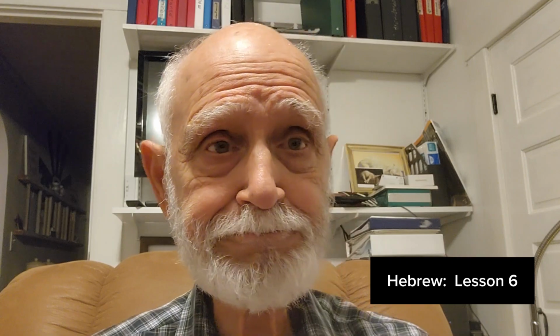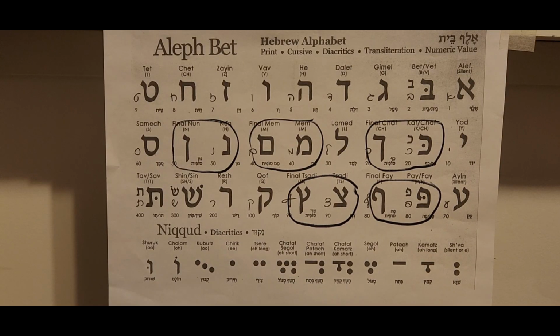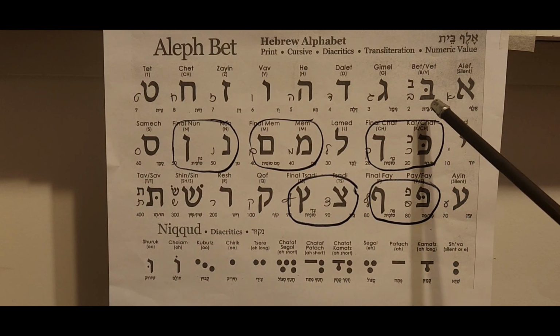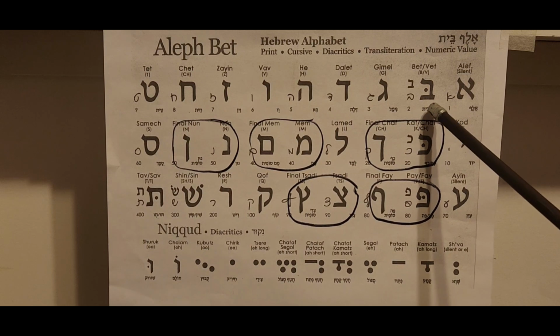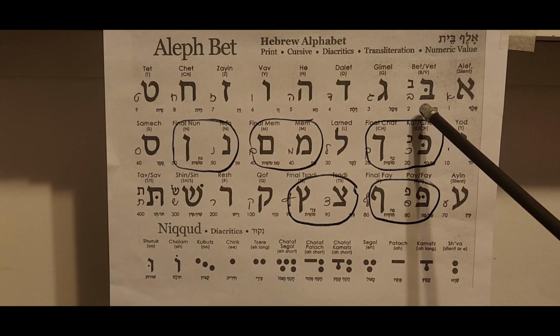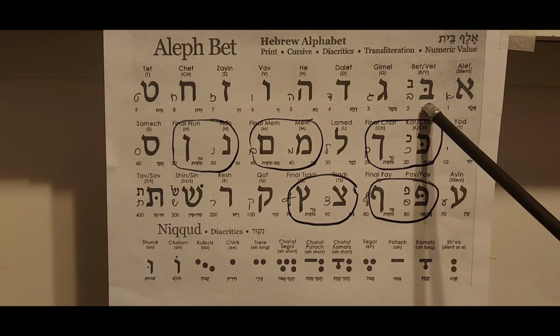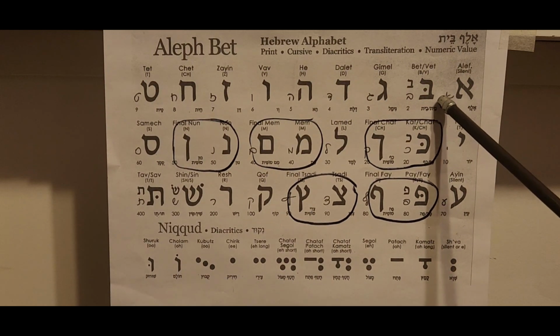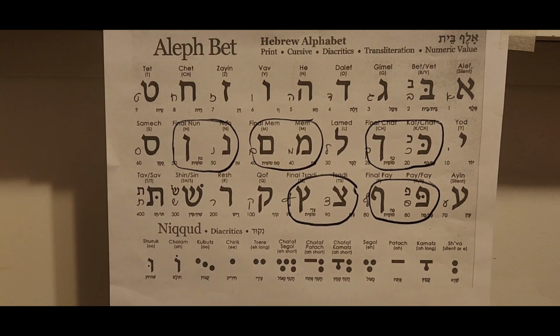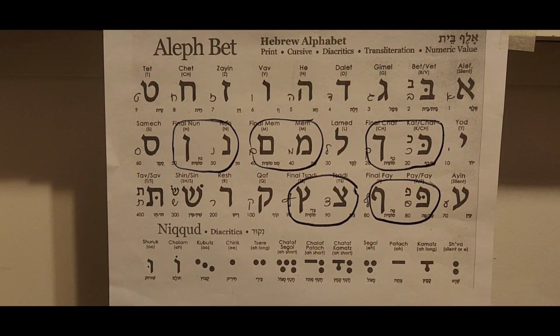So, in the second or third lesson, I talked about Bet having a little tail to the left, but actually, as you obviously know, the tail goes to the right. So that's a minor correction, but maybe you have already figured that out.